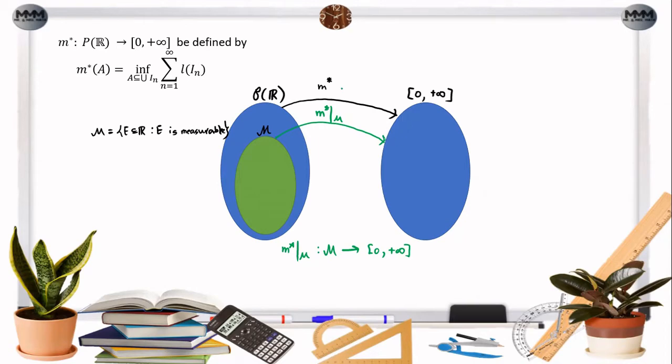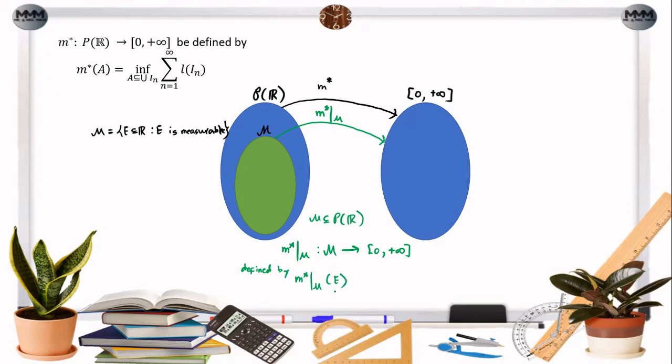This is now our new function obtained from m star by choosing a smaller domain, script M, which is the set of all measurable sets, a subset of the power set of R. By the way, this new function is defined by m star restricted to script M of E.